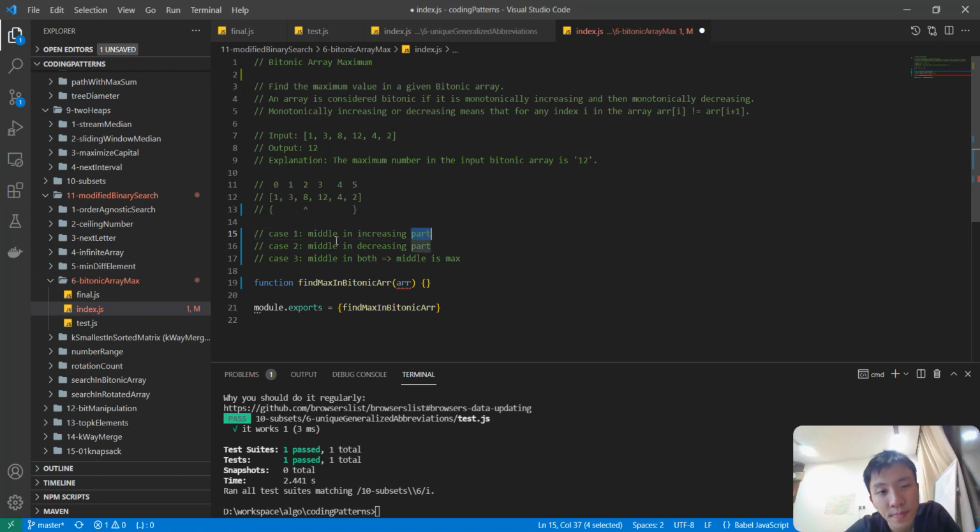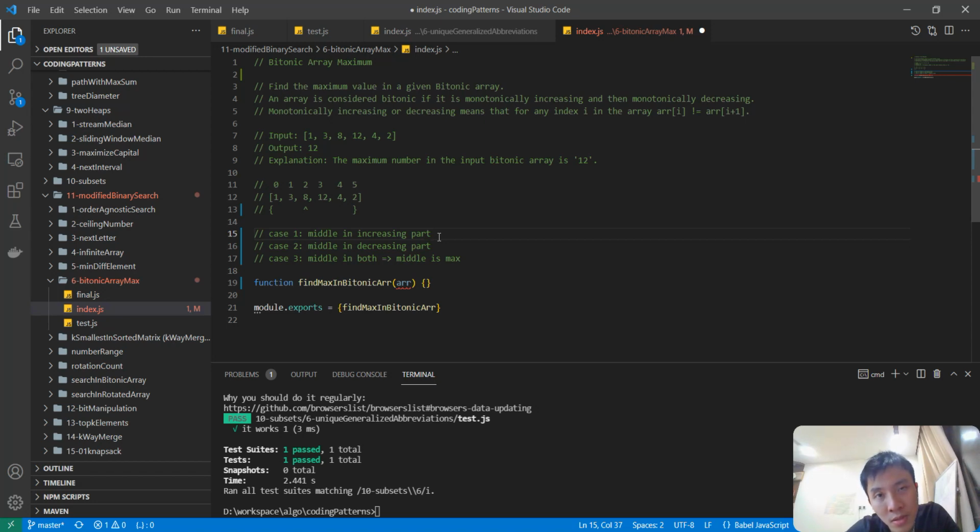But first, how do we know whether the middle is in the increasing part or the decreasing part? One way we can know is to compare with its next number, right?